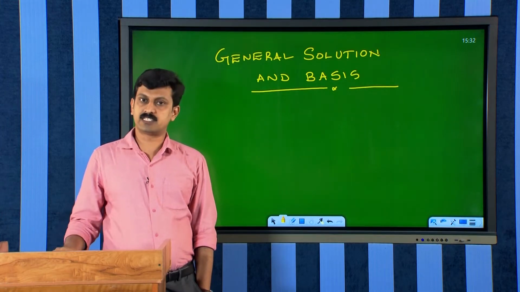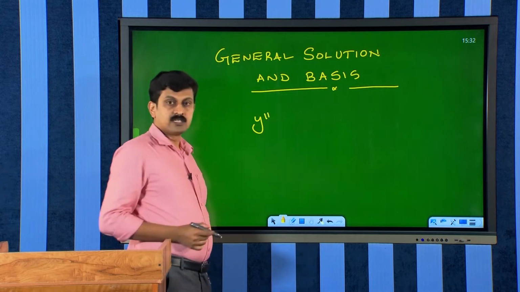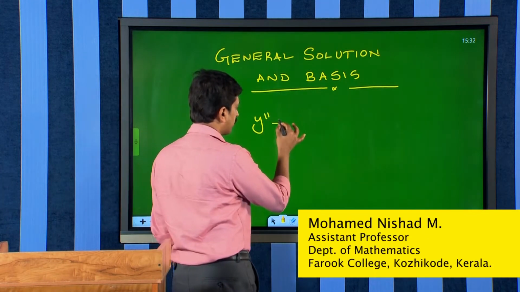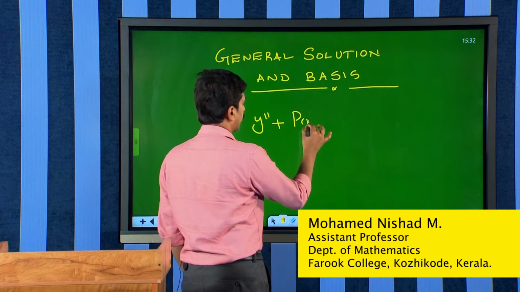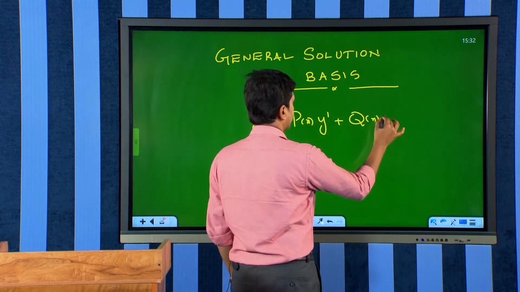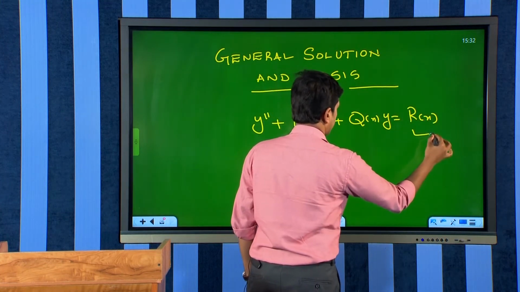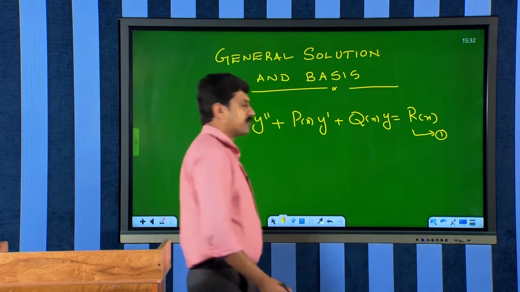We already discussed linear second order differential equations. Generally we can say that y'' + p(x) y' + q(x) y = r(x) is the differential equation.